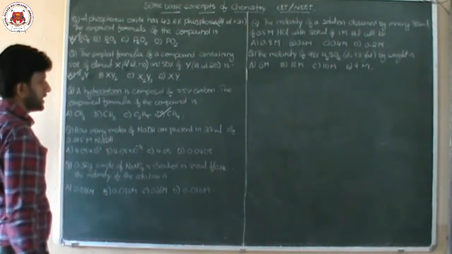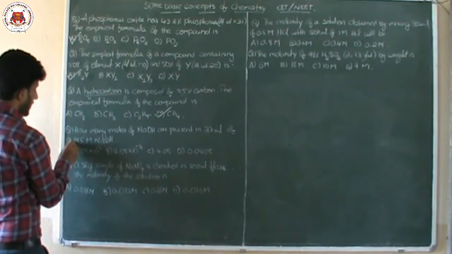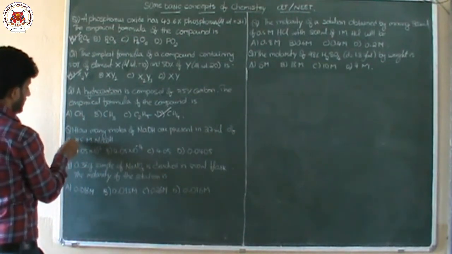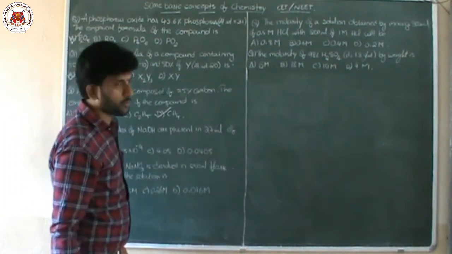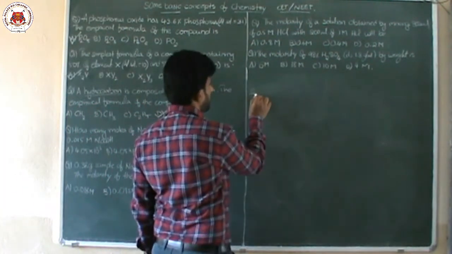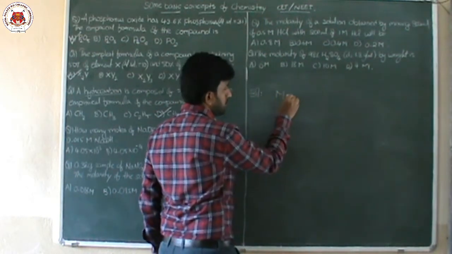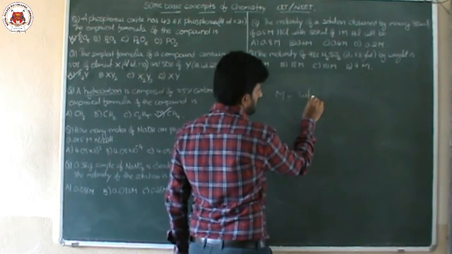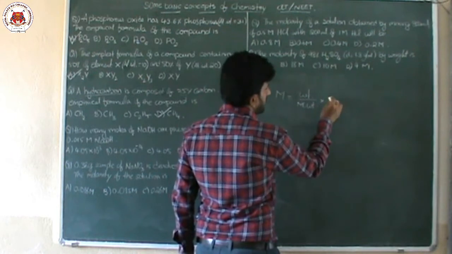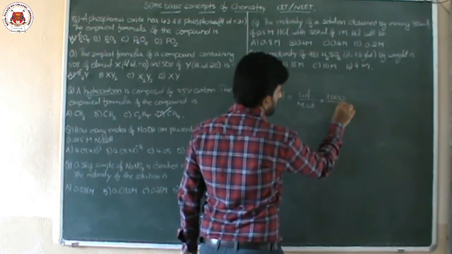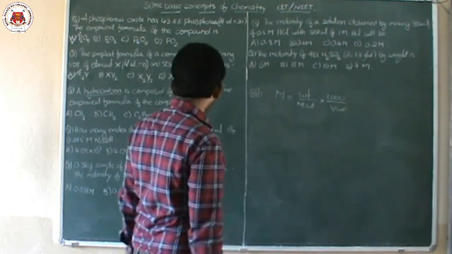How many moles of NaOH are present in 27 ml of 0.015 molar NaOH? Now they want moles. You know the formula for molarity: molarity is equal to weight by molecular weight into 1000 by volume in ml.